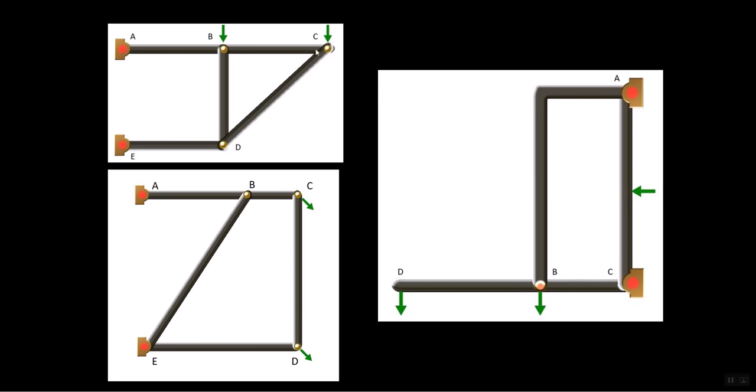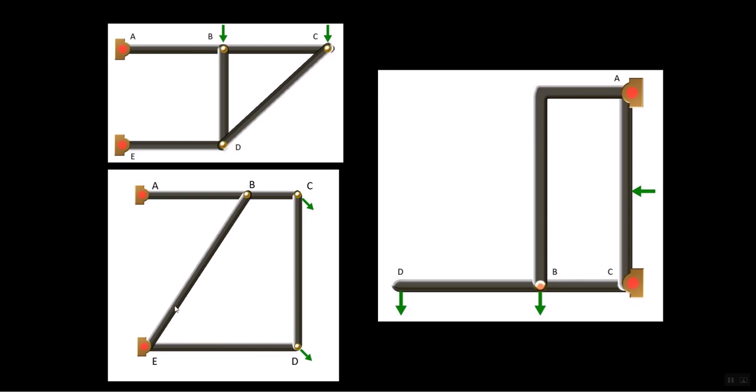So ABC is not a two force member. However, CD is a two force member. There is a force at C and there is a force at D. So it's a two force member, and the two forces must pass along the line CD, and those two forces must be equal. Similarly, BD is a two force member, ED is a two force member.